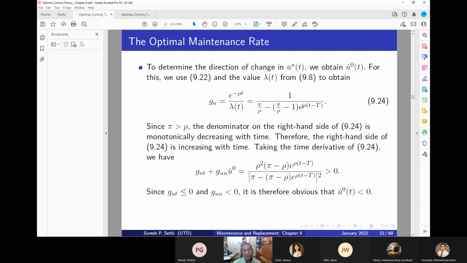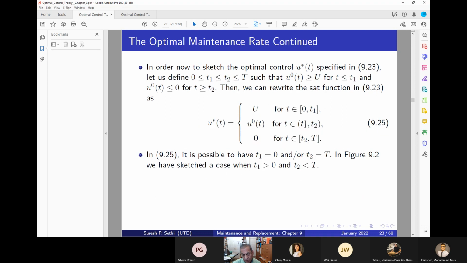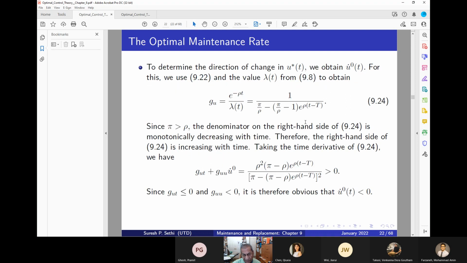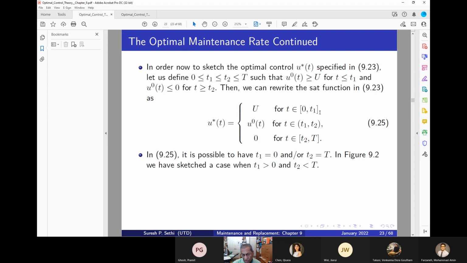You can show whether u is decreasing, depending on the assumptions. So with the SAT function, you will have a control: a maximum maintenance up to a certain time, and then you move to the singular control, which gives you an interior control between u and 0.